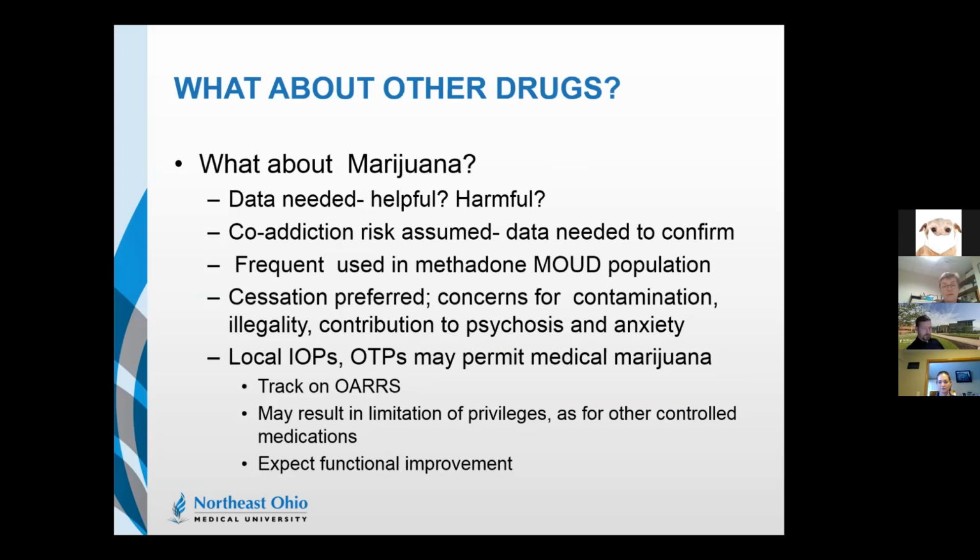But again, there is no evidence that concurrent use of marijuana is hazardous to a person who's having medication for an opioid use disorder. We might be working on cessation or working to have that person evaluate whether their medical marijuana is helpful for them or not, and to relinquish it if it's not.